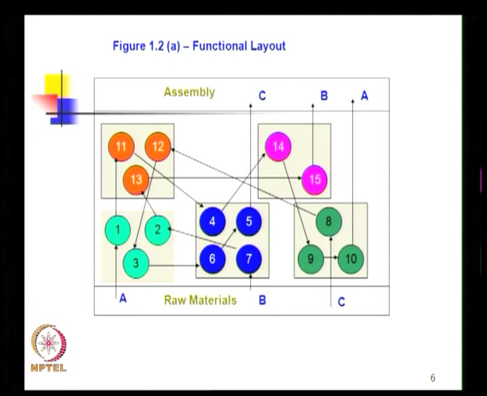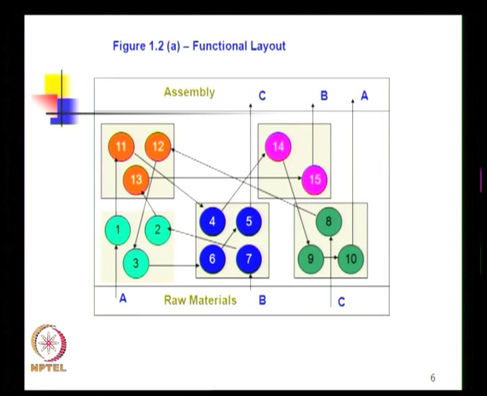First and foremost, the thing that stands out here is there are lots of arrows which indicate a lot of material movement and travel within the functional layout, or amongst the departments in the functional layout. So, there is a lot of material movement and travel. Now, each department is responsible for an operation or a set of operations.